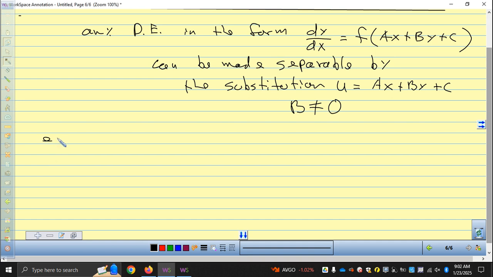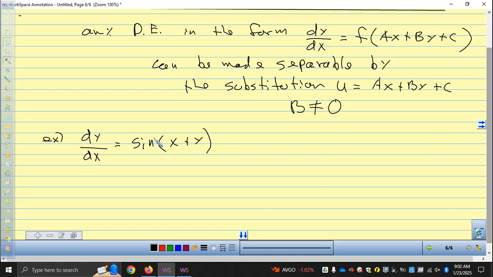So example, dy/dx equals sine of x plus y. Not a super complicated function, not a super complicated differential equation, but without this technique, maybe more complicated.